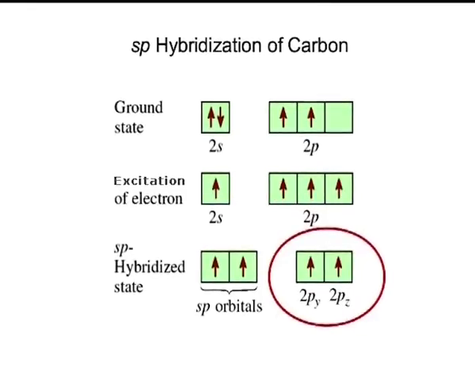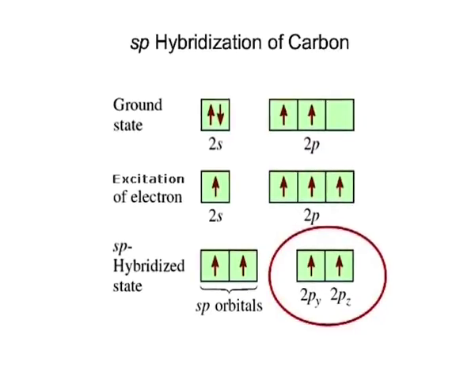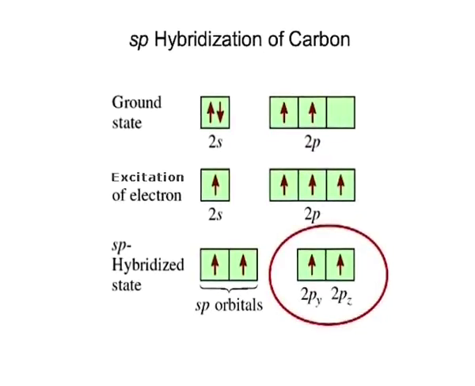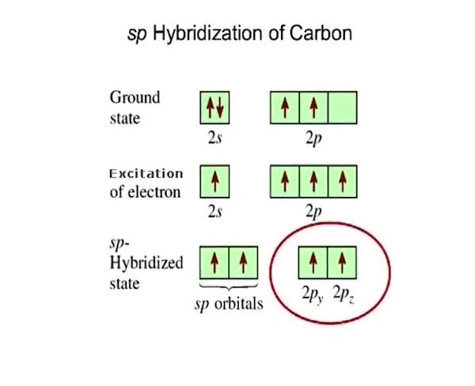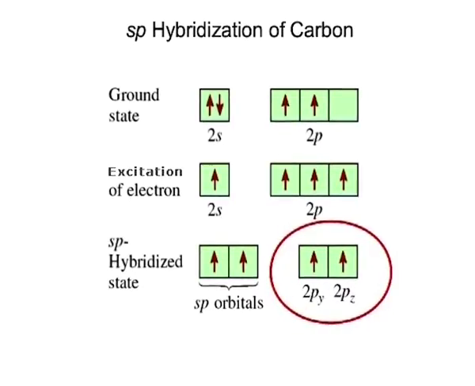Next, sp hybridization of carbon. In the bonding of a carbon atom with two other atoms or groups, it always uses sp hybridization. The carbon atom is in the excited state as narrated previously, and the s and one of the p orbitals mix, forming two sp hybrid orbitals.